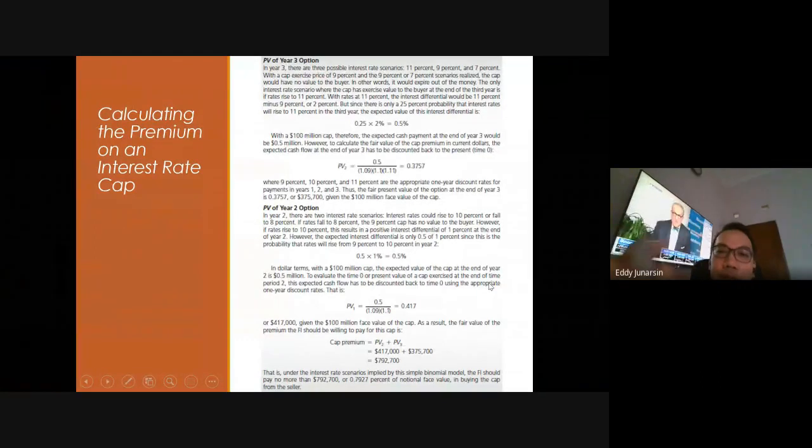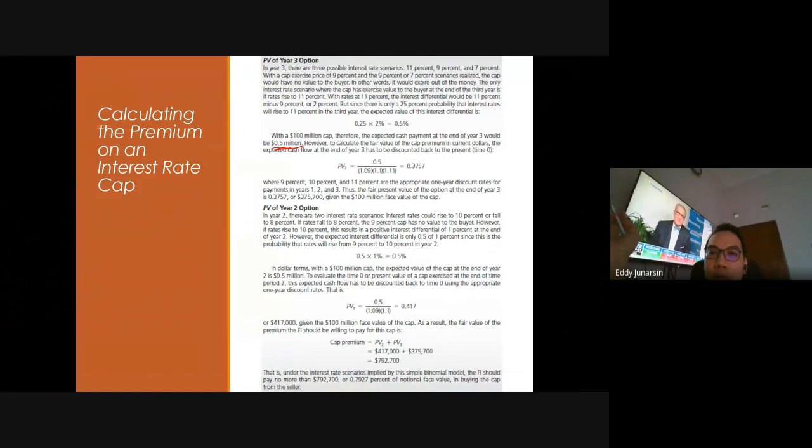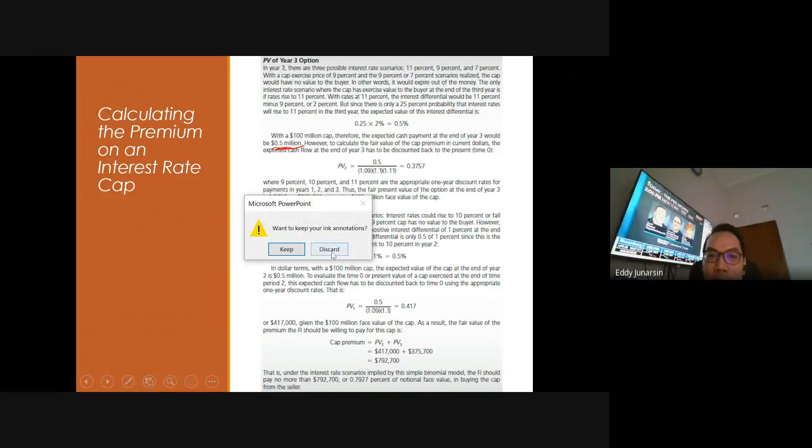Okay, 500,000 here. So the expected payment would be 500,000, the expected value at the end of the third year. So what about the expected value in the second year? We can get it back here.